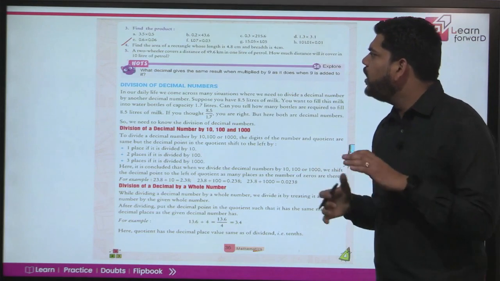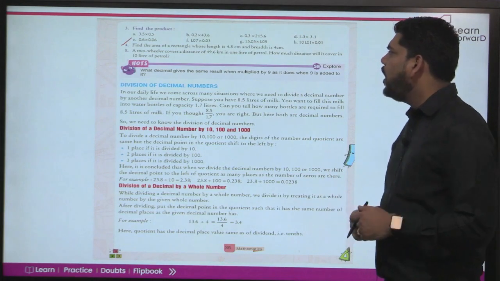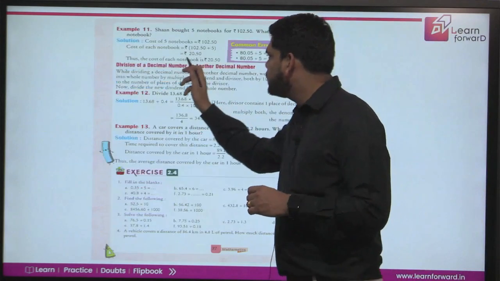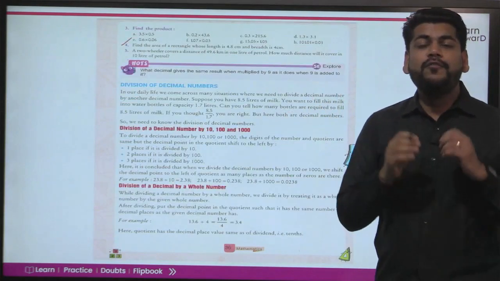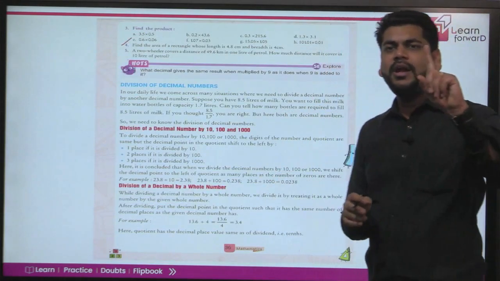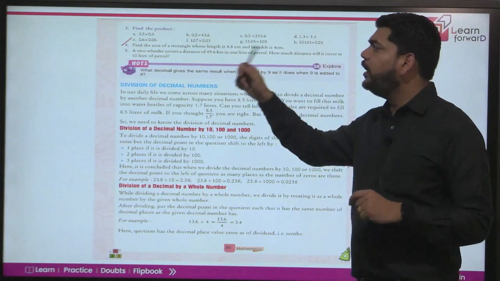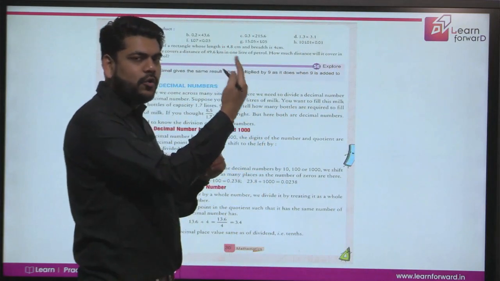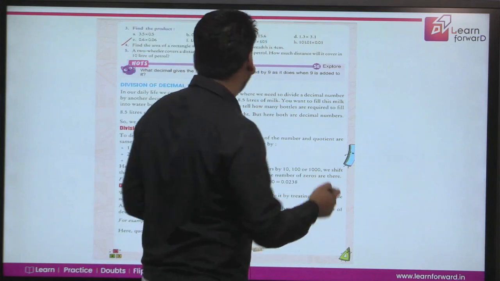A two-wheeler covers a distance of 49.6 km in 1 liter of petrol. That's quite a good average that this two-wheeler is giving, right? We are covering 49.6 km in 1 liter of petrol. How much distance will it cover in 10 liters? So we already know the answer for 1. We need to calculate it for 10. We will multiply, right?